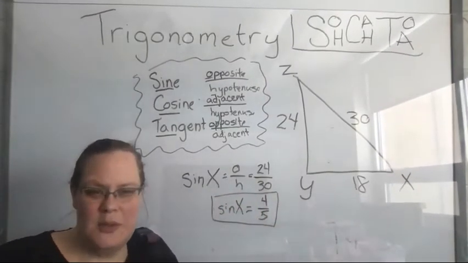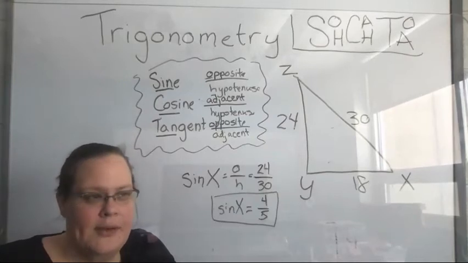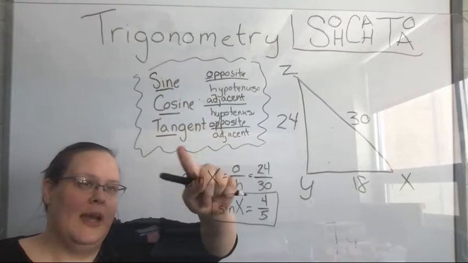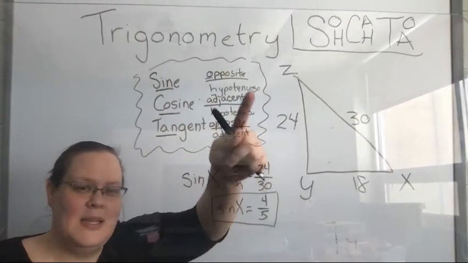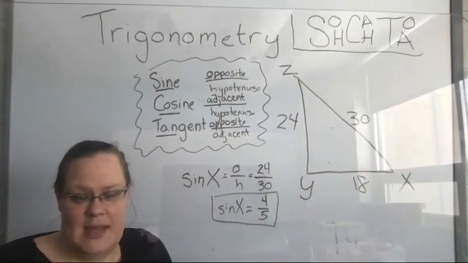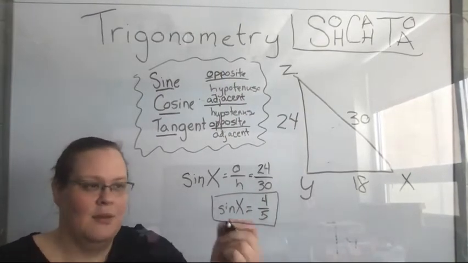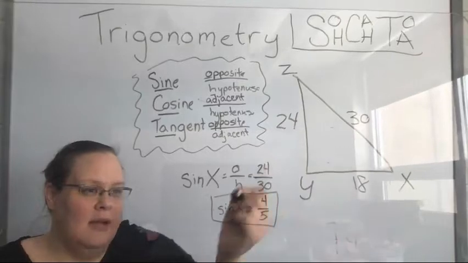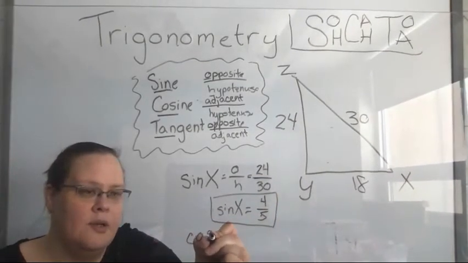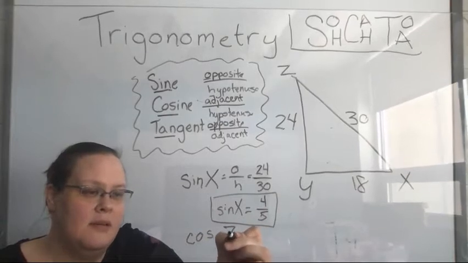The main thing we're doing as we set up these ratios is looking at what type of ratio I'm looking at, what sides I need to find, and then writing my ratio as simplified as I can. Let's look at another example. With this same triangle, what if I wanted to find the cosine of z?